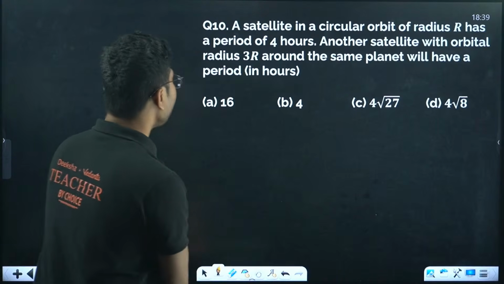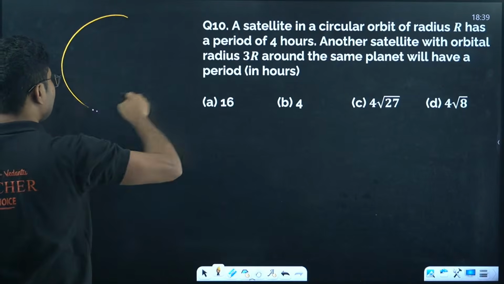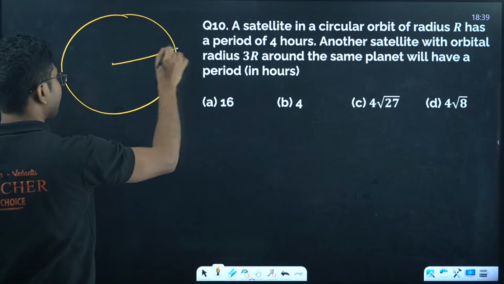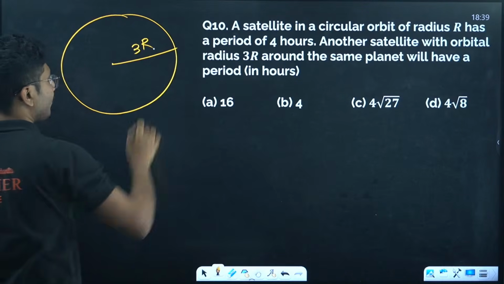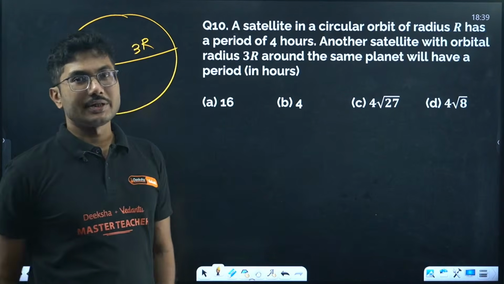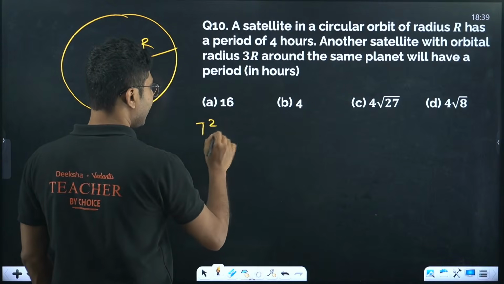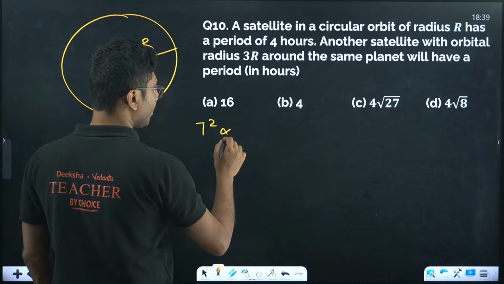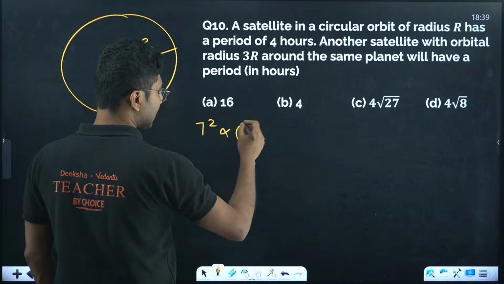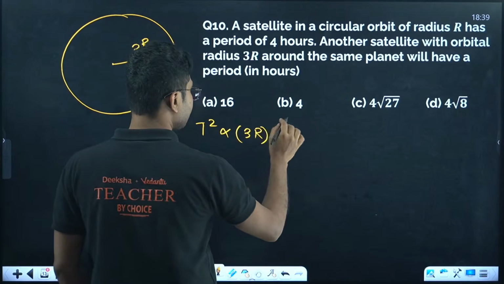Now we know that the radius is obviously calculated from the center of the earth, right? So for a satellite or for a planet, the same law is applicable, which is the law of Kepler. Kepler says that the square of the time period is actually proportional to the cube of the semi-major axis. Here it's a circular orbit, so it's just the radius of the circle.